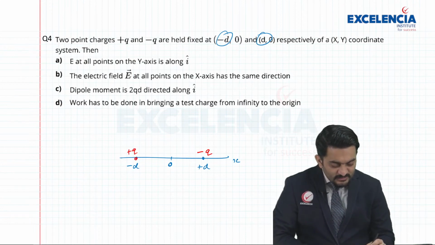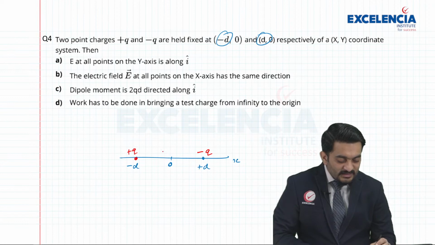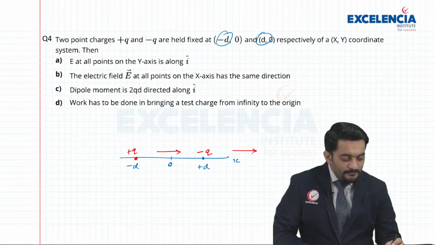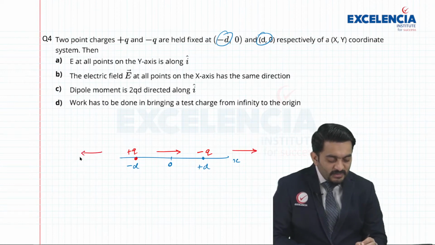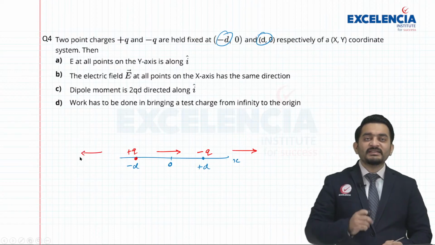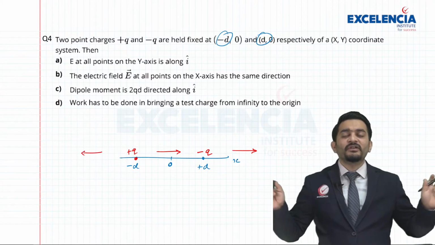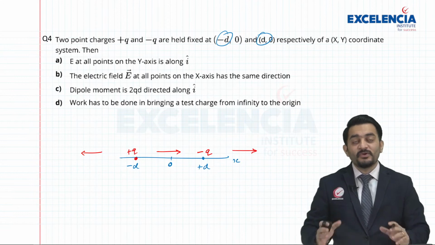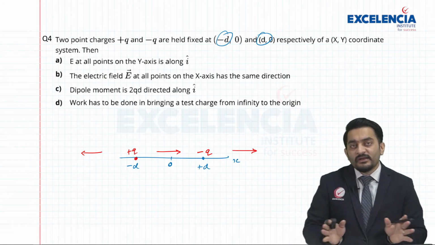I just want you people to visualize with me. When I see the point charge plus q, I can see its electric field looks radially outward to me. So above the x-axis I have shown the electric field which appears from the positive charge, because the electric field is radially outward.